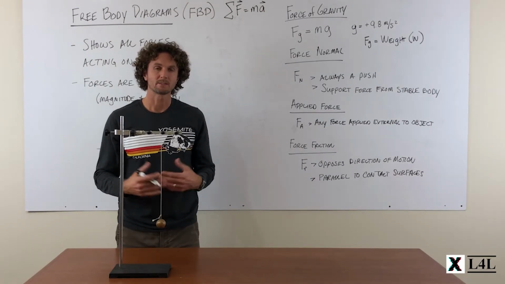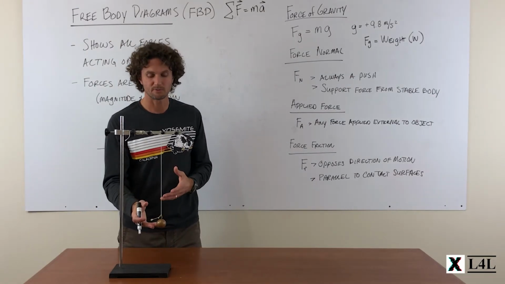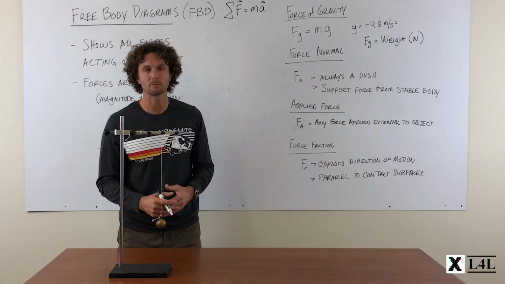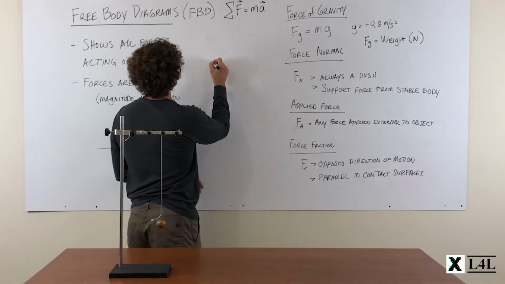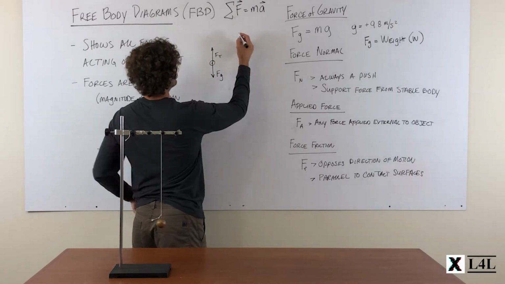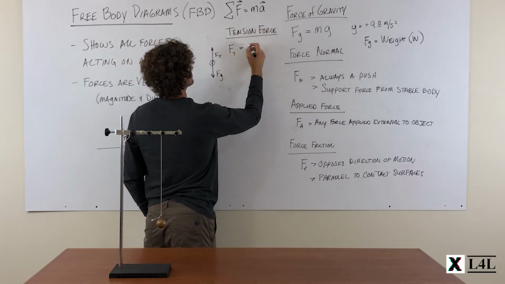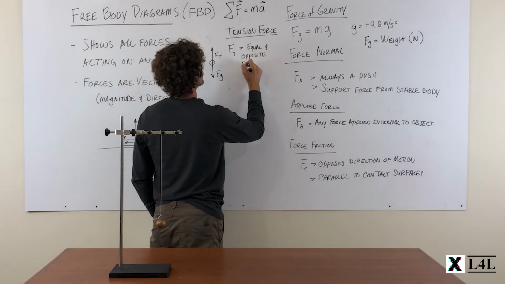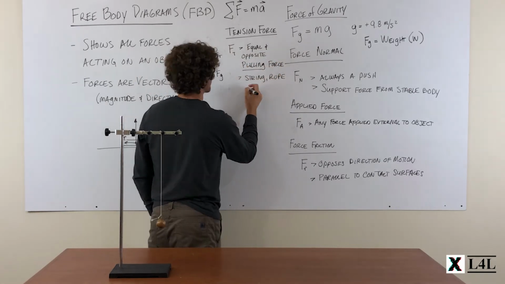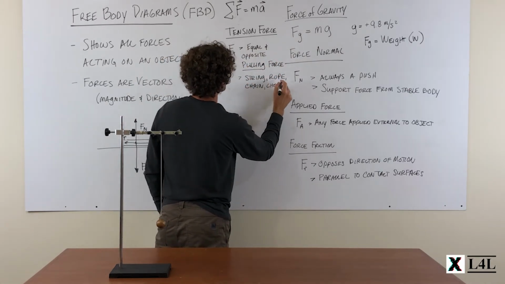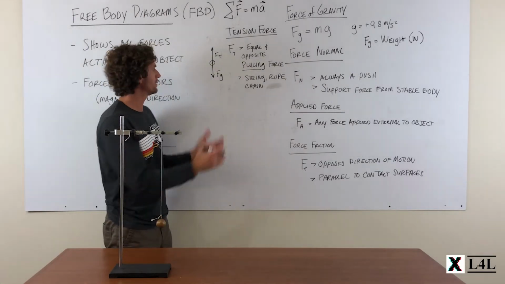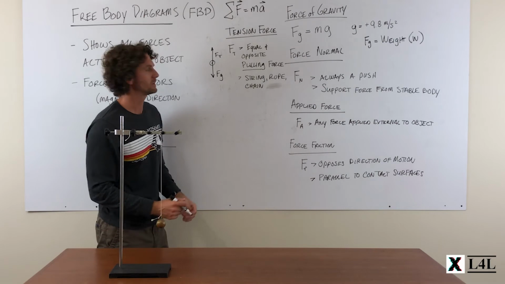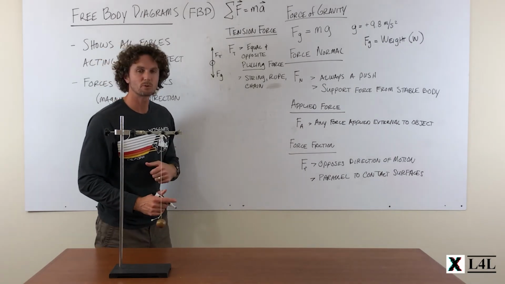Okay, in our second example here, we have a metal sphere that is suspended or hanging from a string. Let's look at the free body diagram for this metal sphere. Okay, so our free body diagram of the hanging mass here, this sphere, it really only has two forces acting on it.